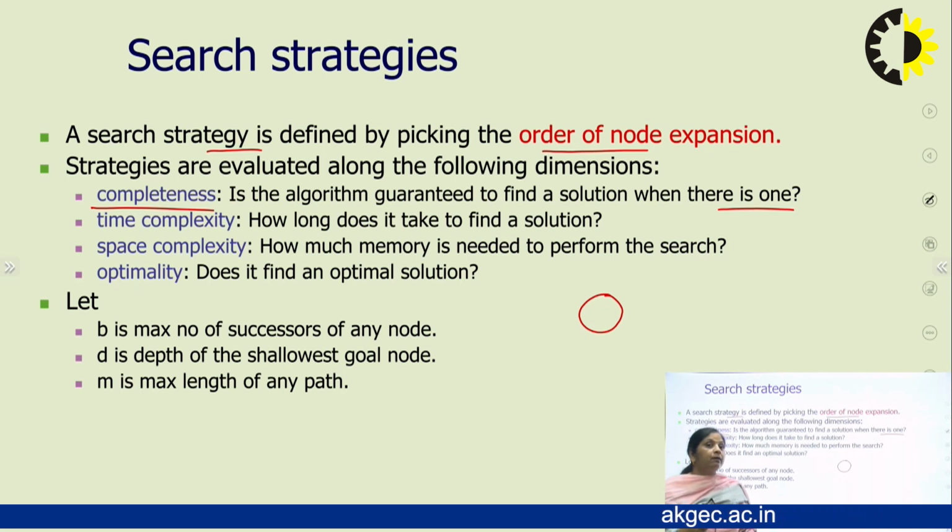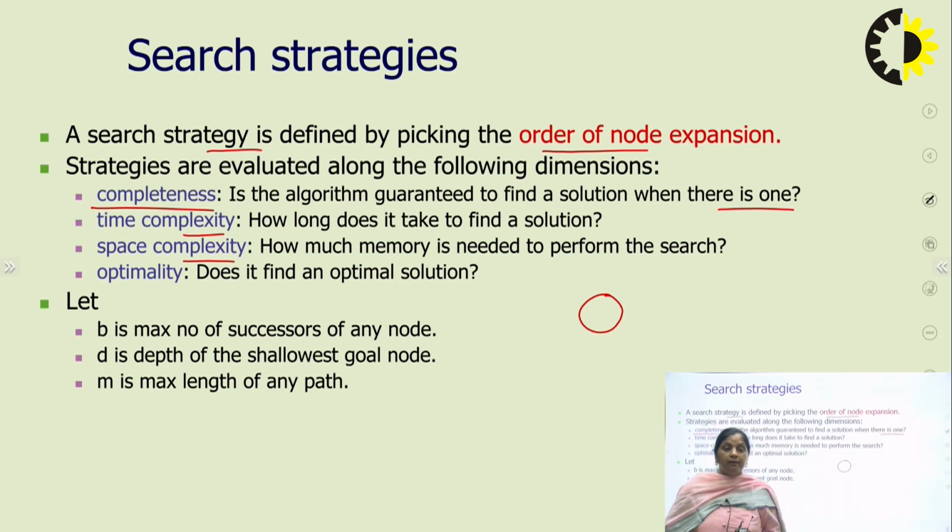Now whenever an algorithm finds a solution, it will take some time and consume memory while searching. Those are called time complexity and space complexity. Also, there may be multiple solutions for the same problem. For example, if I have to go from one source to a destination, there may be more than one path.